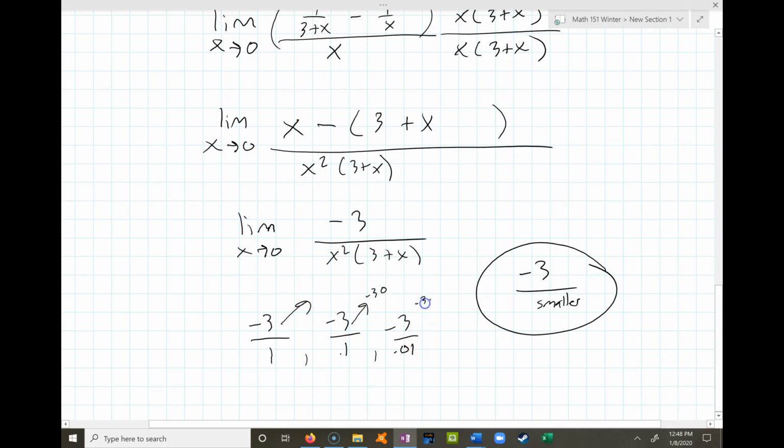That is going to be negative 300. So you can see since the top is set and the bottom is getting smaller and smaller, that means the overall fraction is getting bigger and bigger. In fact, it's going to get big without bound. The smaller the bottom gets, the bigger the fraction gets. So this is going to head towards infinity, and since the top is always negative 3, that means it's going to head towards negative infinity.